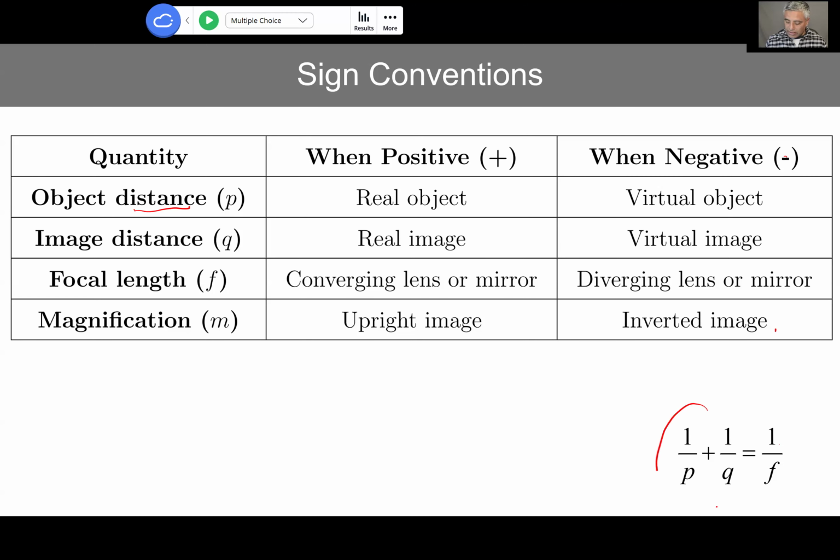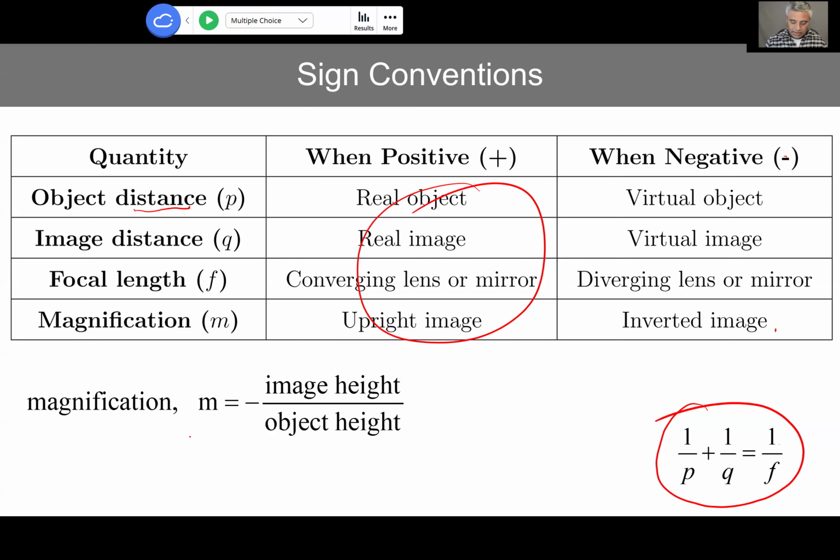To use this correctly, you have to use these signs correctly, otherwise this is not going to work. Keep that in mind. This is the formula for magnification, image height divided by object height.